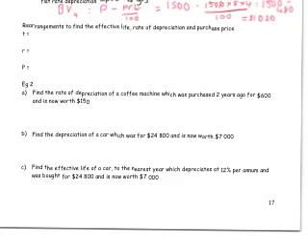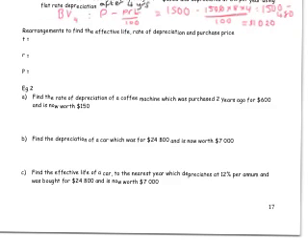So time is 100 times the depreciation over the purchase price times the interest rate. R is 100 times depreciation again. This time it's over purchase price and time. And the last one, P, is 100 times depreciation over RT.